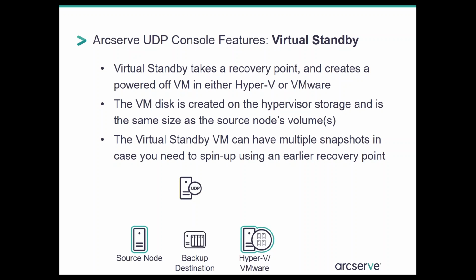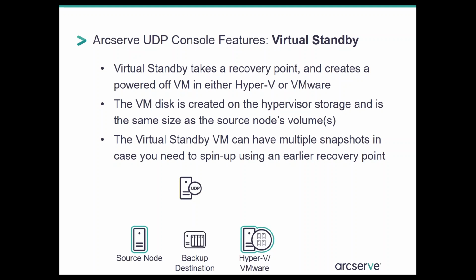If it's Hyper-V, it'll be created in the directory where the VMs are designated. In VMware, it'll be created in the ESX data store. And the size of that disk will be the same as the source node. So if you're backing up a 100 gig VM, then when you're creating a virtual standby, it'll use 100 gig of space as well.